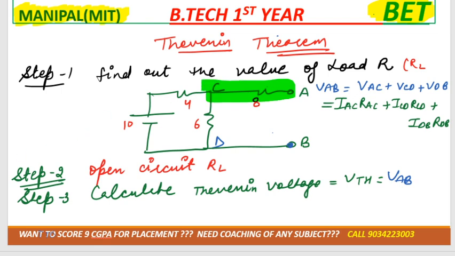No. If there is an open wire, then obviously there will be no current. If there is no current, then IAC would be 0. ICD, we don't know. The value of RCD is 6 ohm, right? And IDB is also 0. Correct?